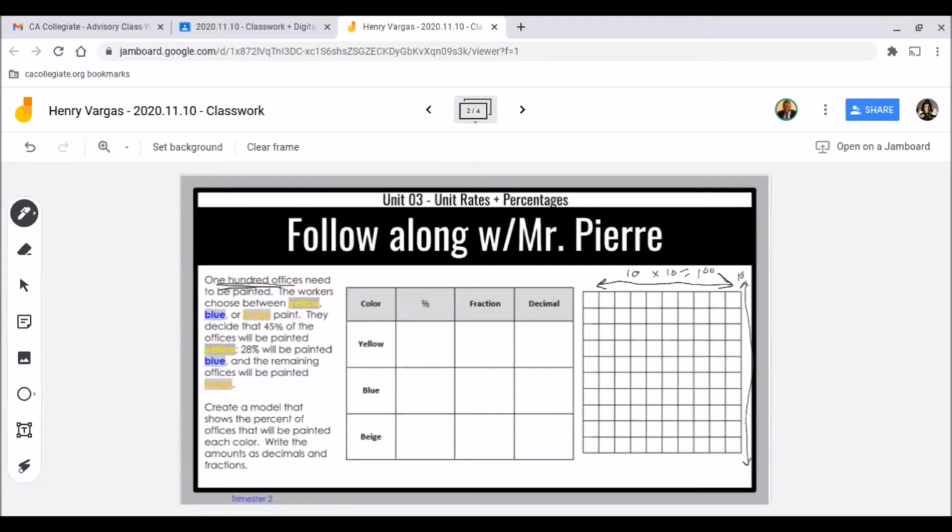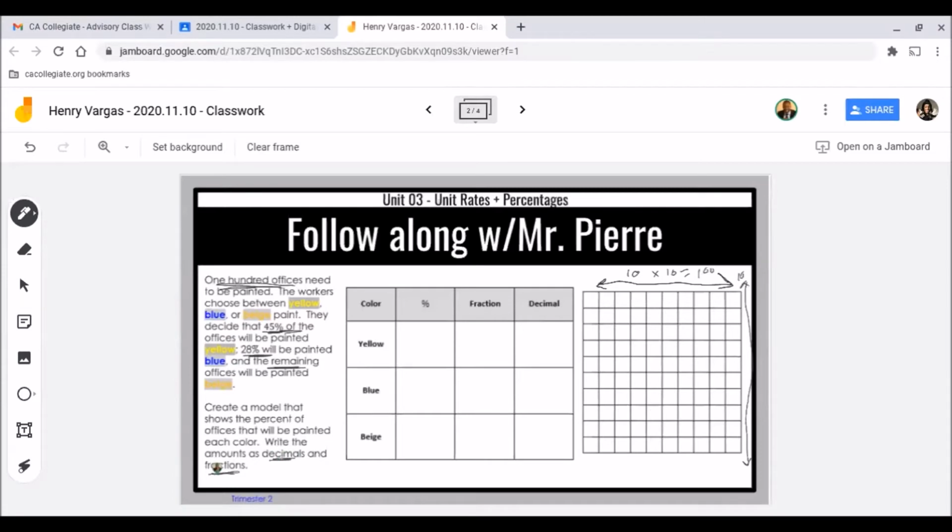They decide that 45% of the offices will be painted yellow. 28% will be painted blue. And the remaining, so whatever's left, will be painted beige. We need to create a model that shows the percent of the offices that will be painted each color and write the amounts as decimals and fractions.